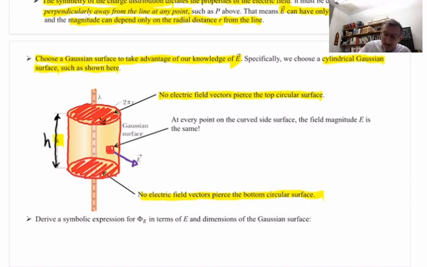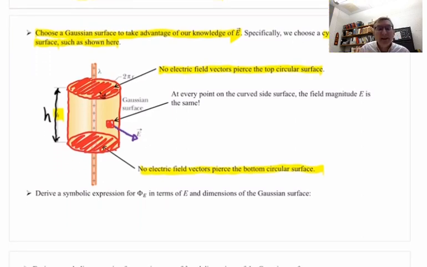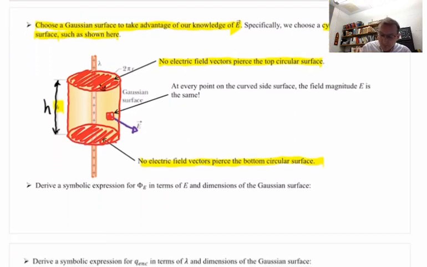So now our task is to derive a symbolic expression, purely symbolic, for the electric flux in terms of the magnitude of the electric field and the dimensions of the Gaussian surface. Now again, the piercing occurs on the curved side, but notice something.